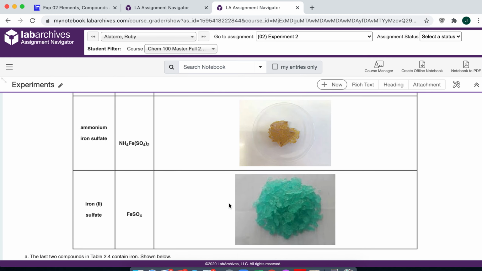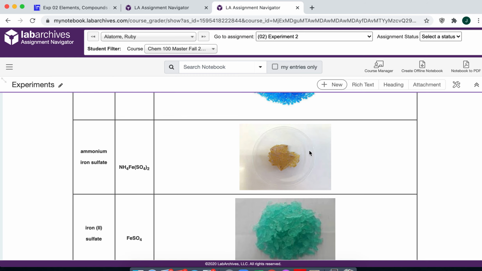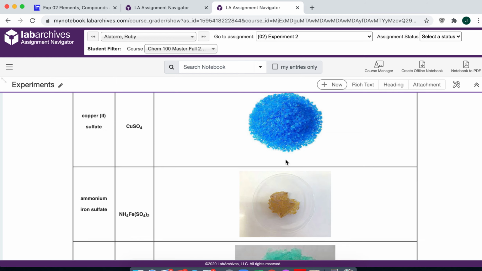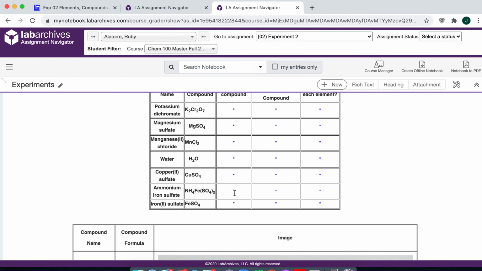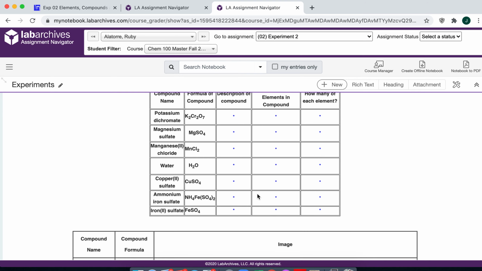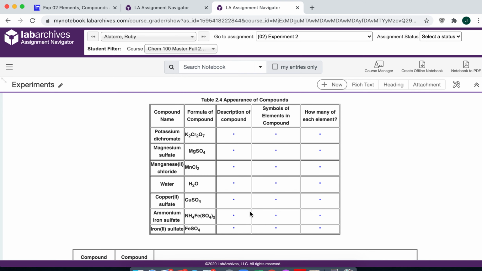Ammonium iron sulfate looks solid, pale yellow, dull, so not shiny. The elements contained in this compound are nitrogen, hydrogen, iron, sulfur, and oxygen.